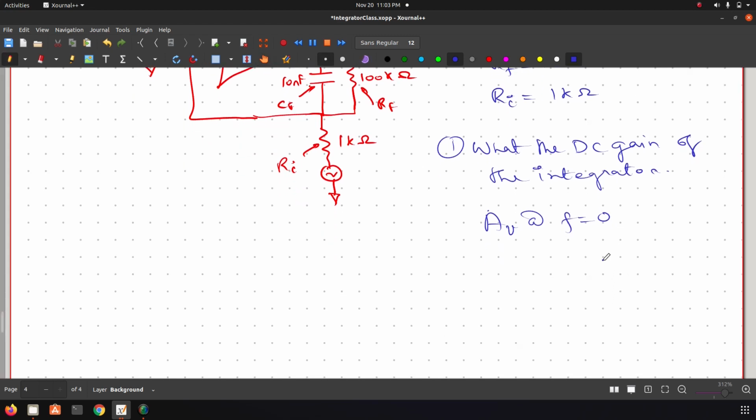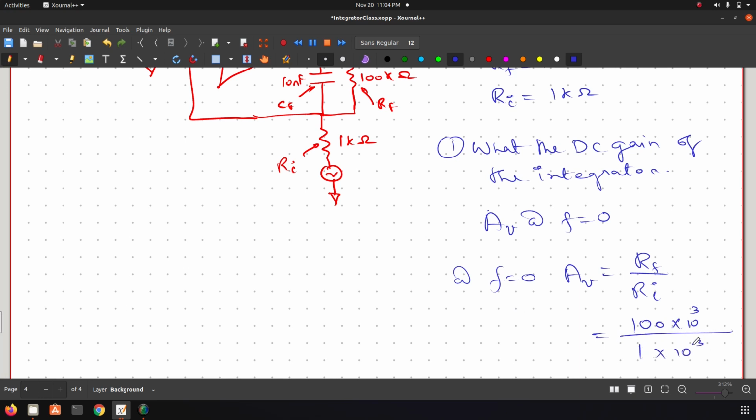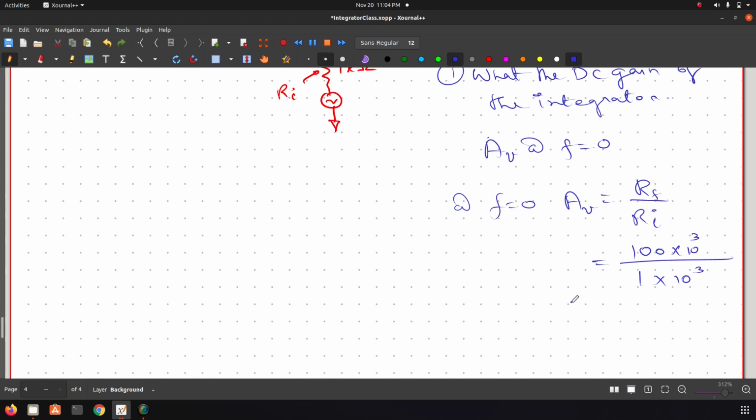We know that at f equal to 0, the gain of the op amp is RF divided by Ri. Therefore our DC gain is 100k into 10 power 3 divided by 1k, 1 into 10 power 3. Therefore the DC gain of this integrator is 100.